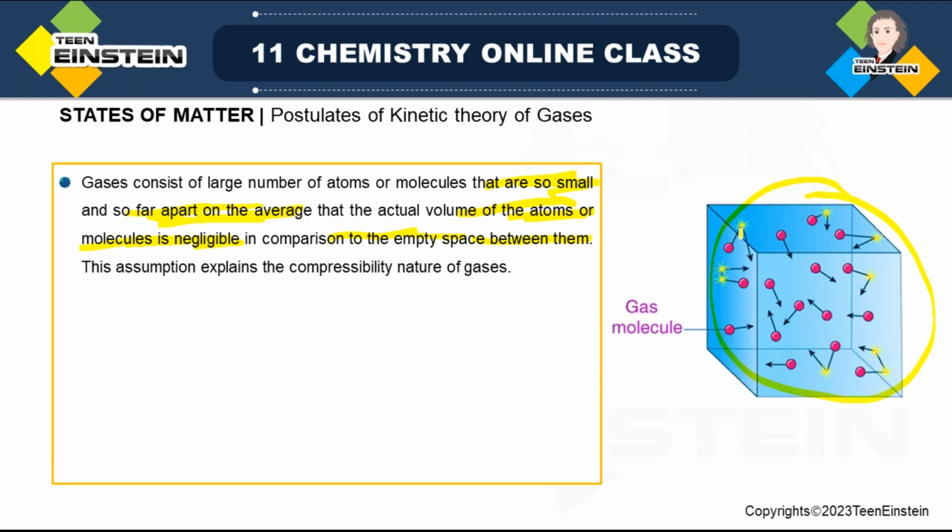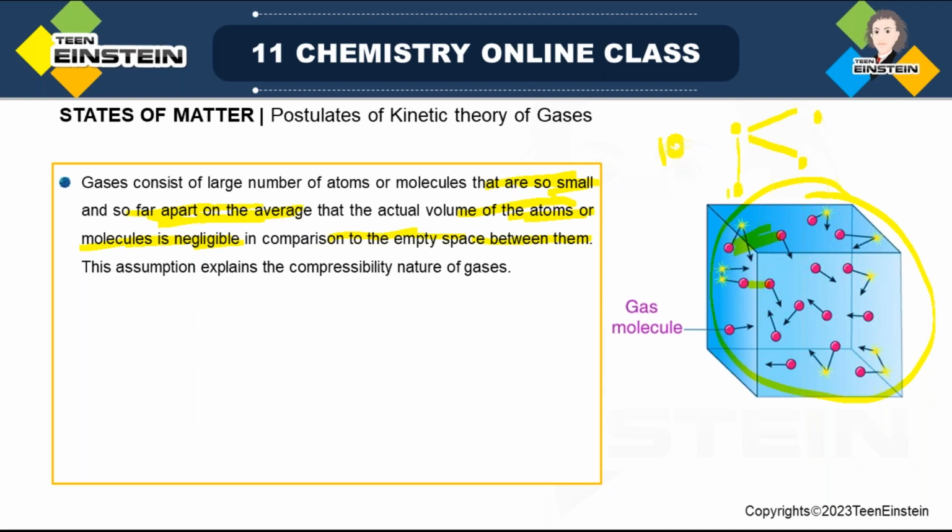Now this is the space between 2 molecules or atoms. This space is very large. Suppose in this container there are a total of 10 particles. Individual particles are far from each other, so this distance is very large.